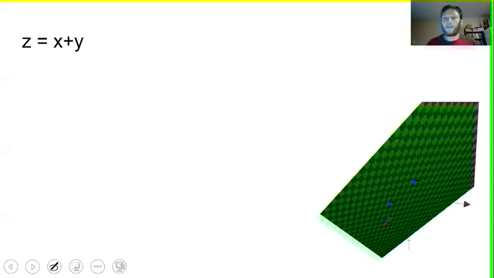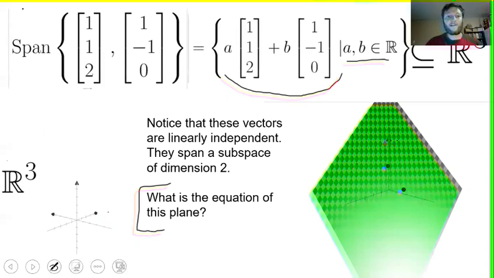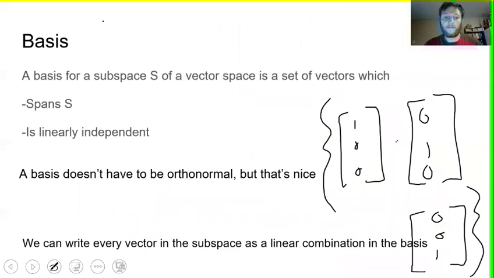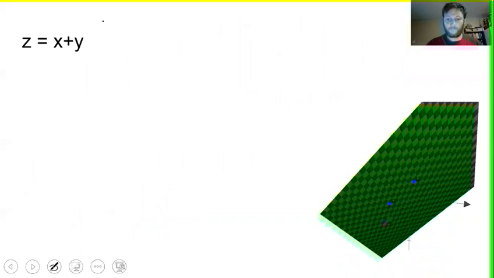All right, so here's the plane again. If we go back, we can notice that both of these satisfy the equation z equals x plus y. Since these two vectors are linearly independent and they're both on that plane, they span that plane. So let's look at that plane.